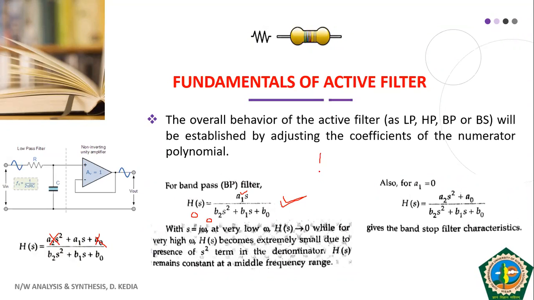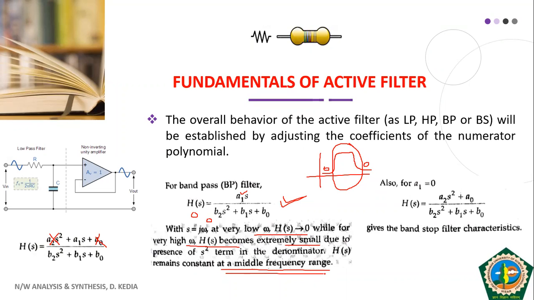So for both very low and very high frequency, H(s) is 0. It means it will allow the frequencies within the range to pass through. It remains constant at a middle frequency range, so it acts like a band pass filter.